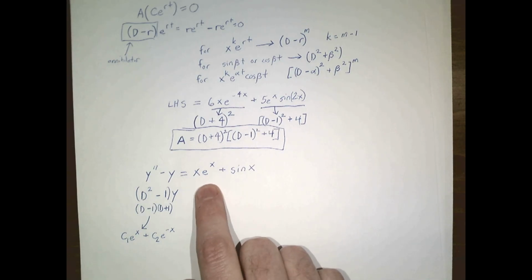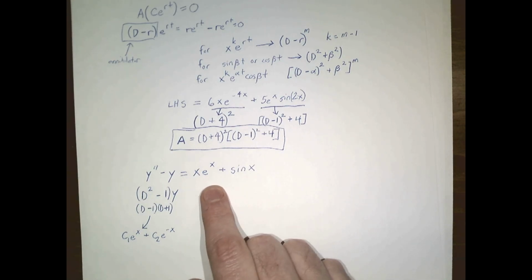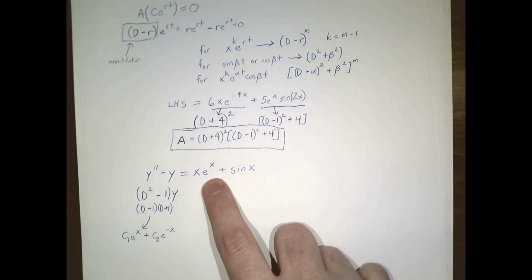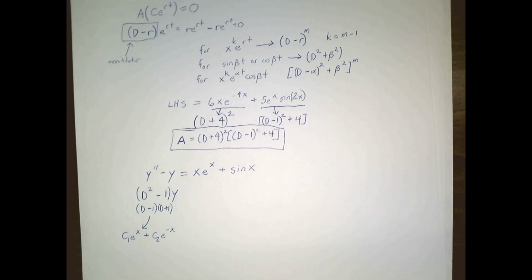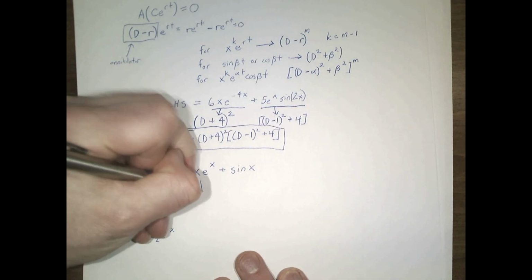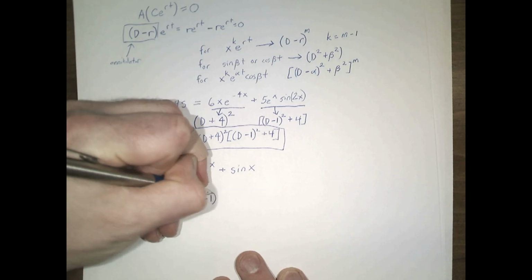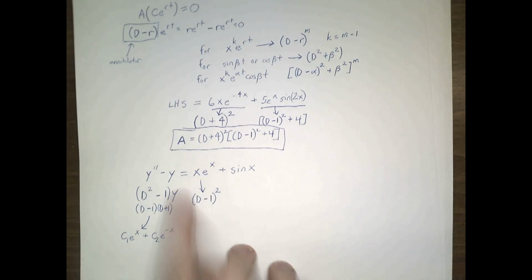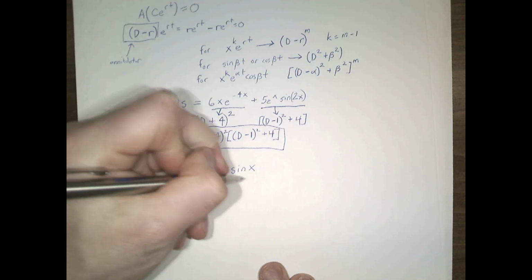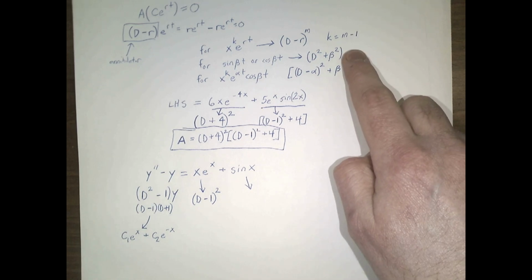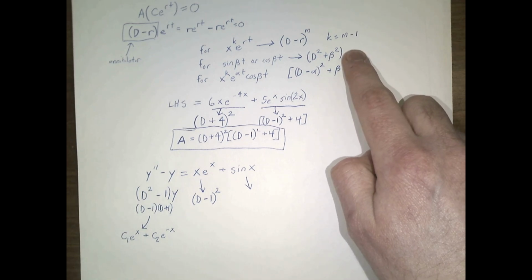We've got an x times e to the x. That matches with this form here. And so we're going to look at the root. The coefficient of the exponential is just 1. So this is going to go to D minus 1 squared. The squared takes care of the linear x out front. The sine needs this form up here, a second derivative plus the argument squared.